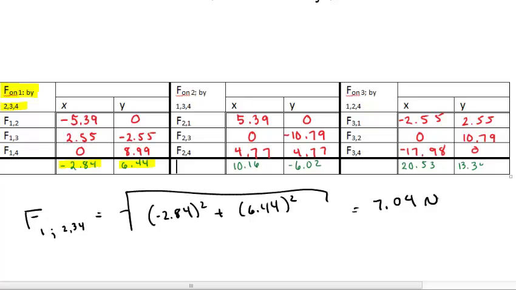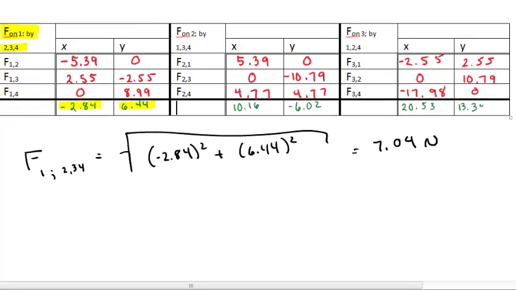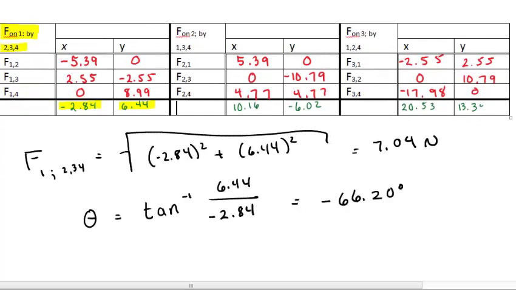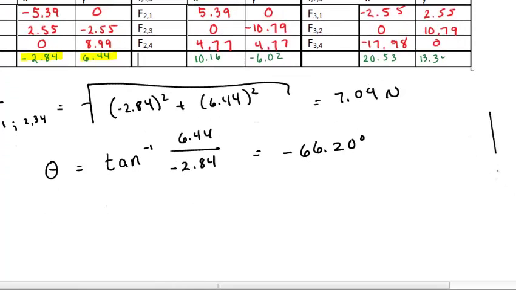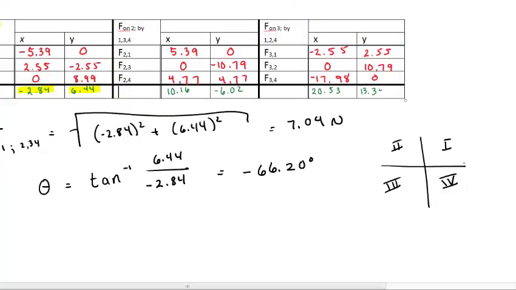Now I need to know what angle it operates at. Remember, the way we find angles for vectors is we use the inverse tangent. Using that inverse tangent, I get theta is equal to negative 66.2 degrees. What do I mean by negative 66.2 degrees? Well, I could go back to my diagram, or I can just look at my components. If I think of the quadrants, this particular vector has a negative x component and a positive y.